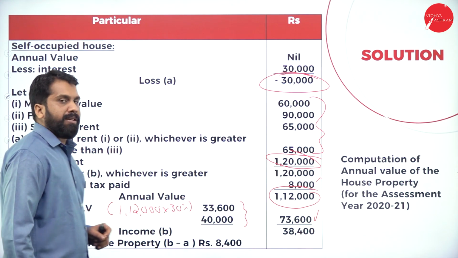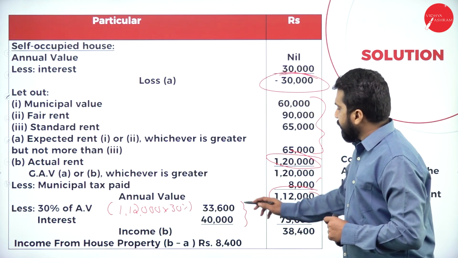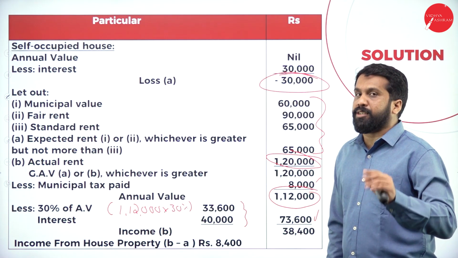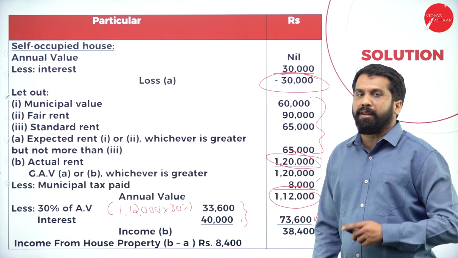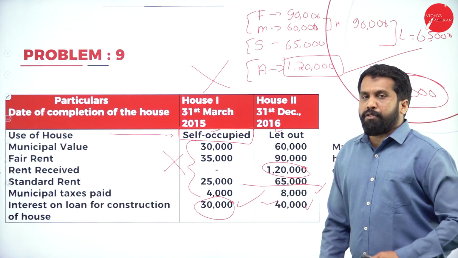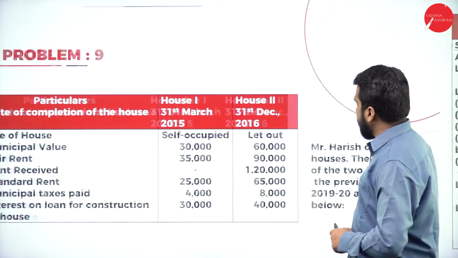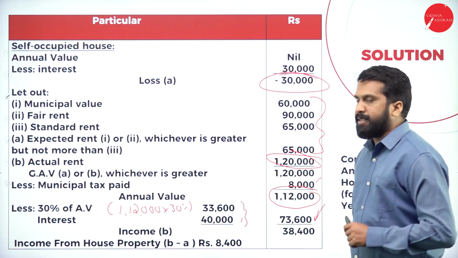You got around 33,600. Now, 33,600 along with the interest of 40,000. How did you get 40? I'll go back. You got interest of rupees 40,000. If you add both, you will get 73,600.